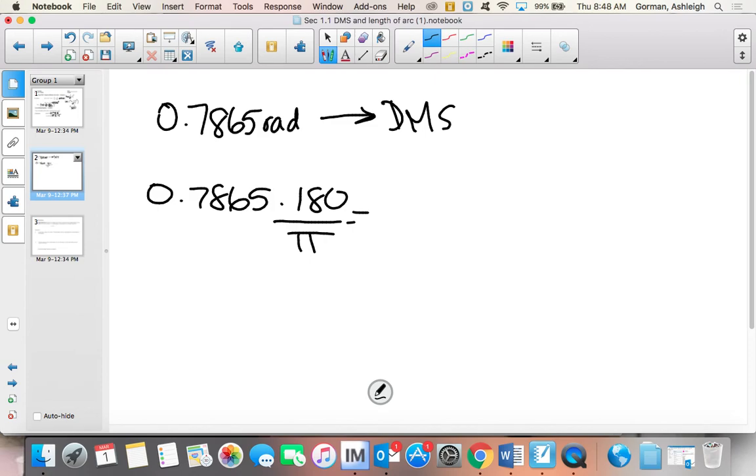So if I were to go ahead and convert this to degrees, I get approximately 45.06 degrees. Two decimal places. If you do 3, that's fine as well. Now I can go ahead and convert this to degrees, minutes, and seconds.